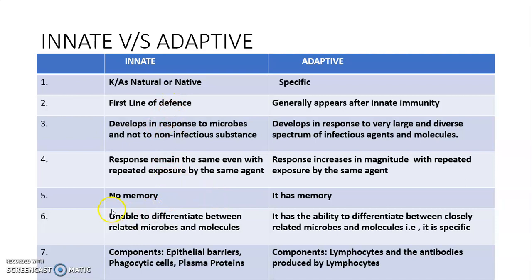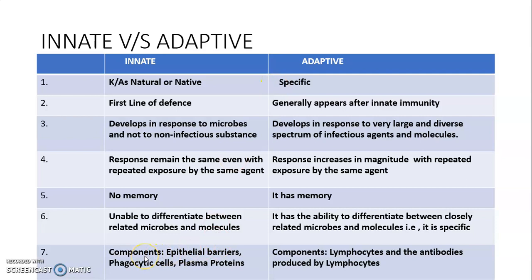In innate immunity, no memory is formed, while adaptive immunity has memory. Innate immunity is unable to differentiate between related microbes and molecules, while adaptive immunity has the ability to differentiate between closely related molecules and microbes. That's why it is specific immunity.